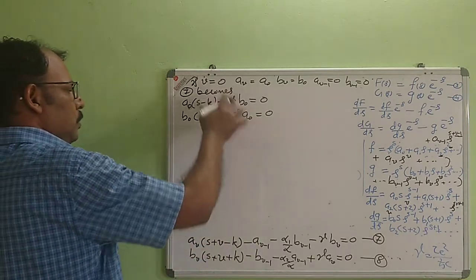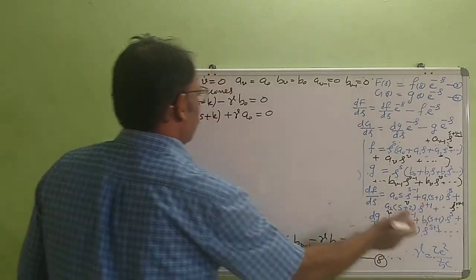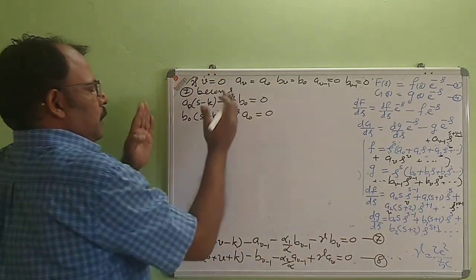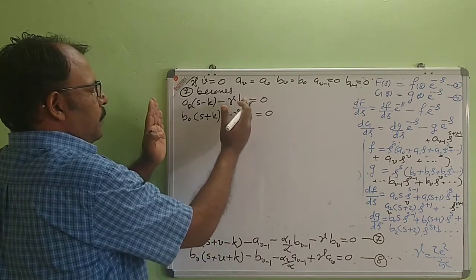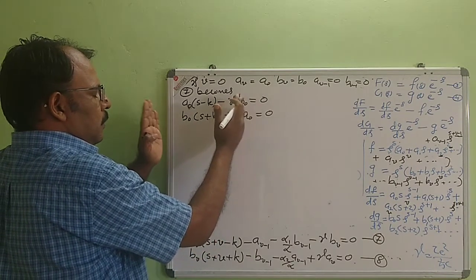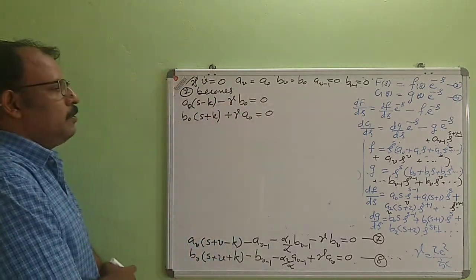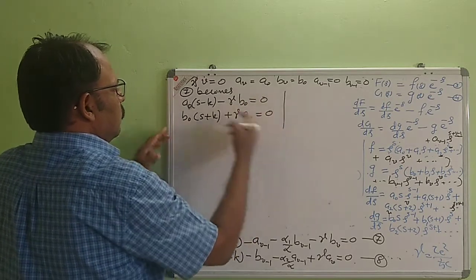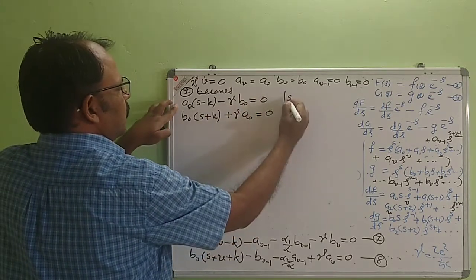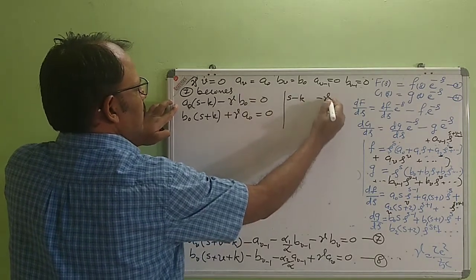So for these two equations, we have already seen that A0 is not equal to 0, B0 is not equal to 0. If they are not equal to 0, then the determinant of the coefficient matrix should be equal to 0. The coefficient of A0 in the first equation is S minus K, the B0 coefficient is minus gamma.